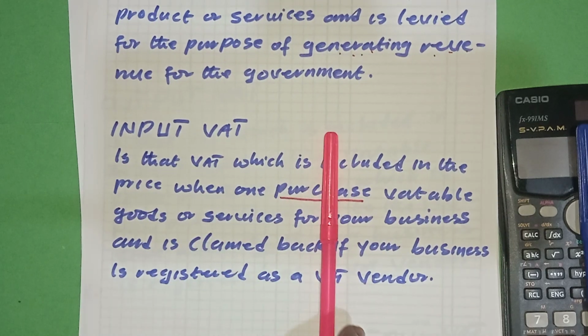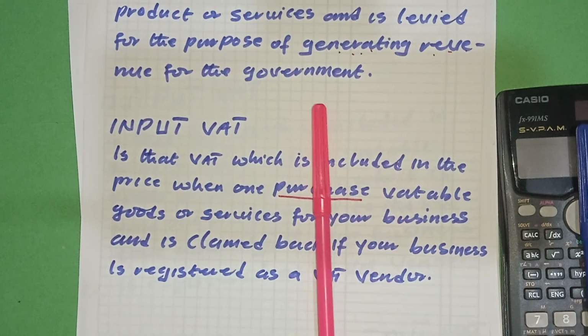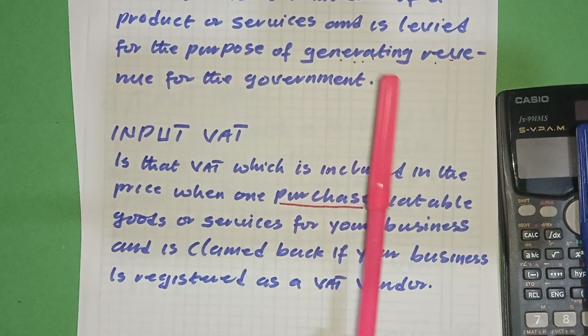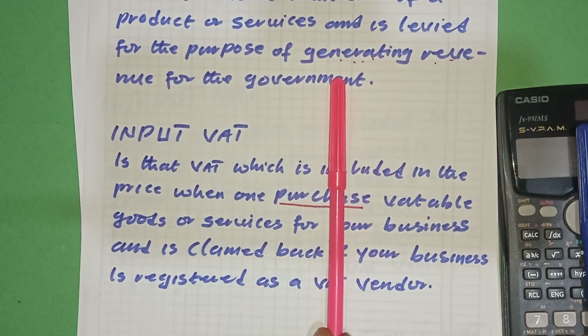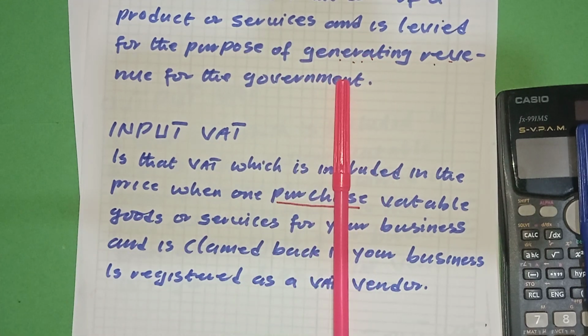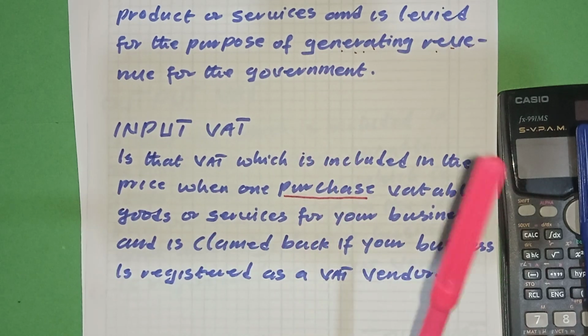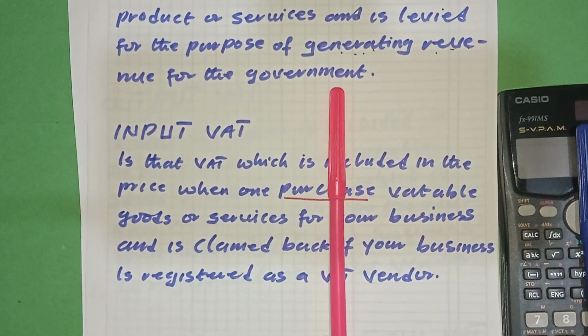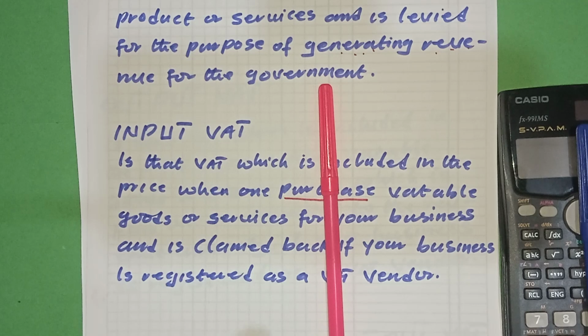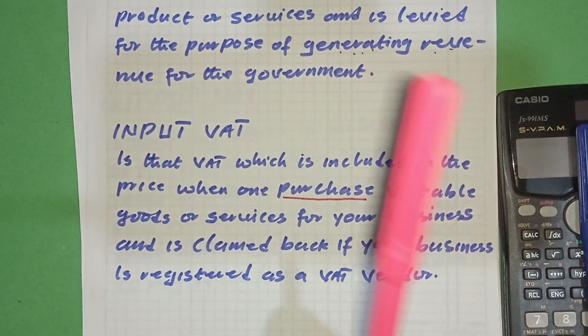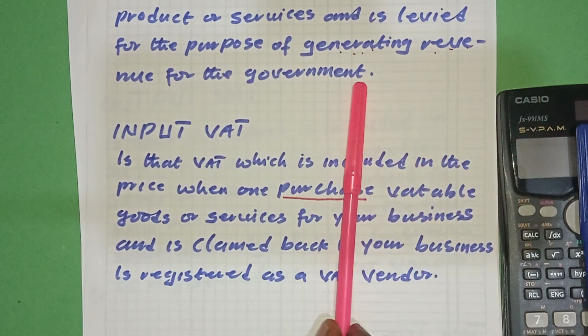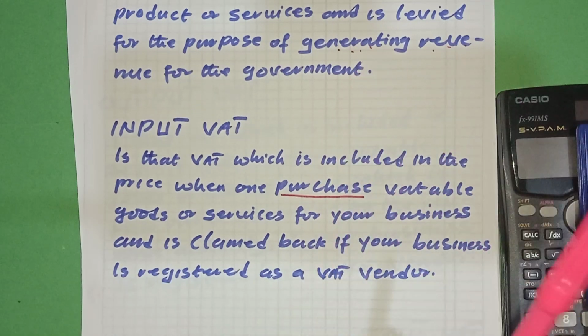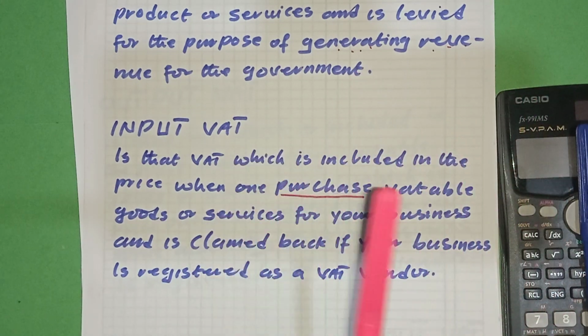Now, let's do a practical example of this input VAT. This pen here, I want to buy this pen. And they say this pen costs 15 naira. And the shop I'm going to buy this pen from has added the VAT on top. It now becomes 17 naira. Originally, I'm supposed to buy this for 15 naira.